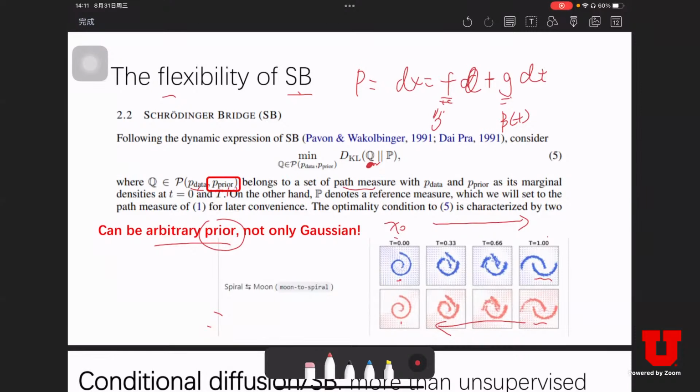Of course, you can set f and g based on your knowledge. So that's another flexibility of the Schrödinger bridge. These things are kind of like the prior integration framework, but the prior is not on the distribution. This prior is on the path measure.